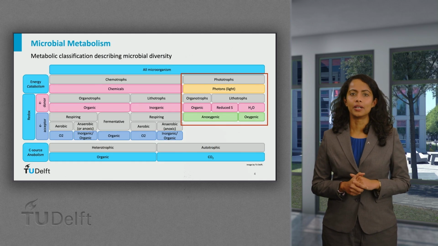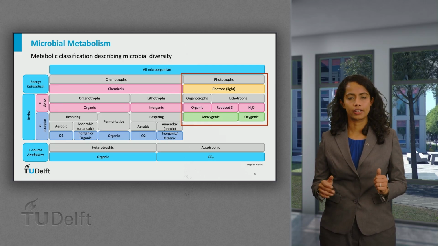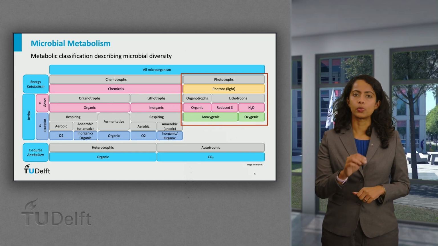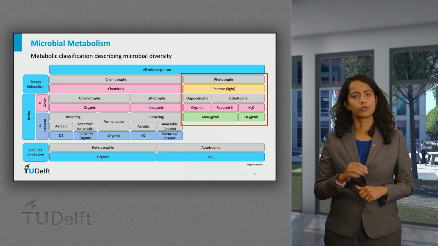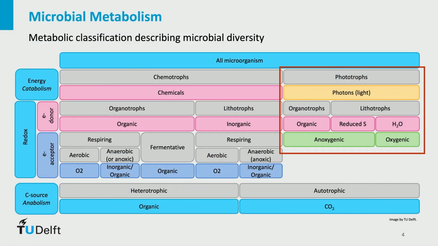You may recall from earlier lectures the metabolic classification of microorganisms, particularly the distinction between chemotrophs and phototrophs. Today, we will focus on phototrophs in more detail.